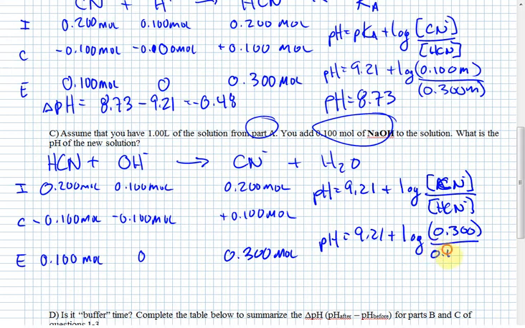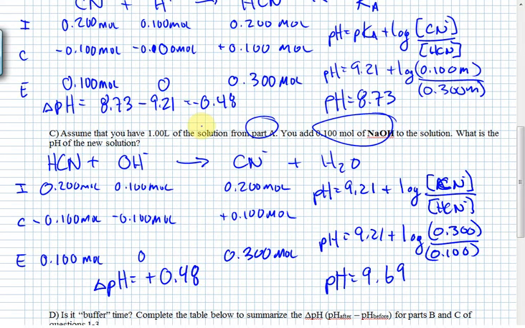I have less of the acid, 0.100. The ratio is now 3 to 1. The log of 3 is 0.48. The pH of my solution now increases to 9.69. And my delta pH is a plus 0.48.